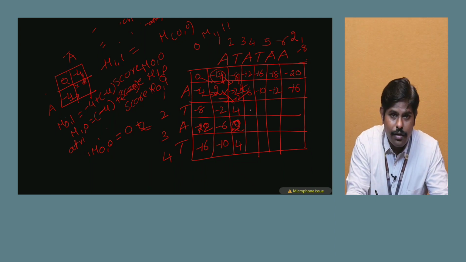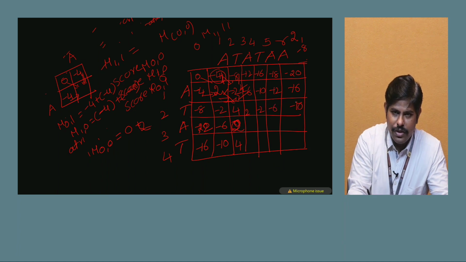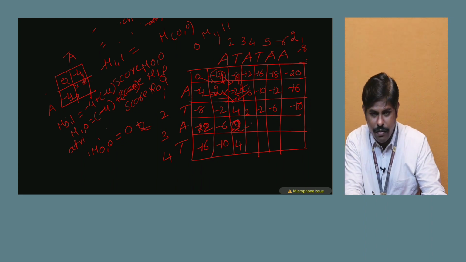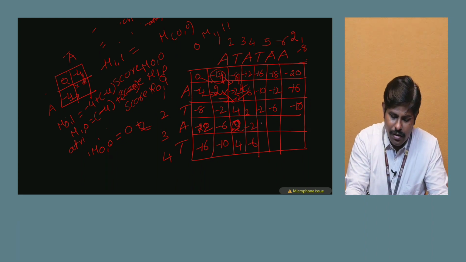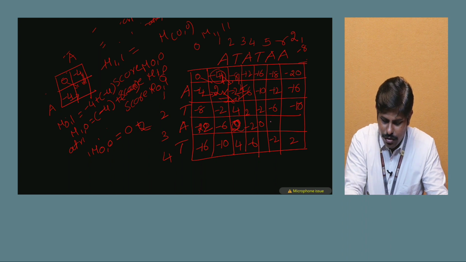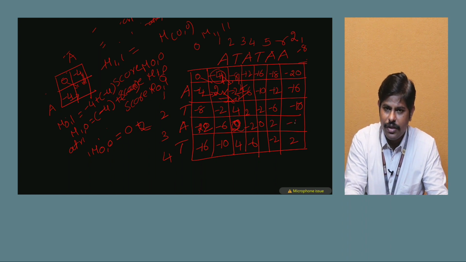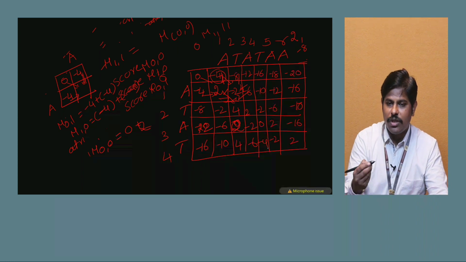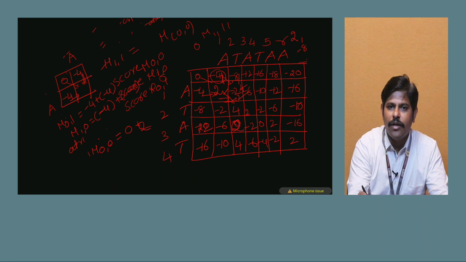Then I'll have the values 2, minus 2, minus 6, minus 10, then minus 2, minus 6. So 2, minus 2 here, then 0, then minus 2, 2, and minus 4. So the second step is completely filling all the values.